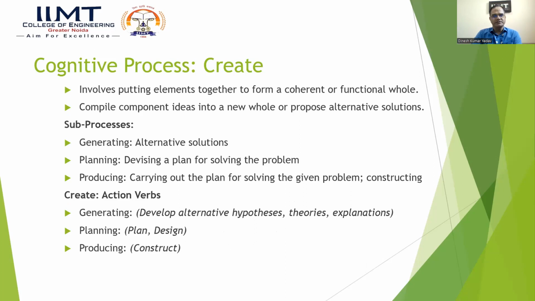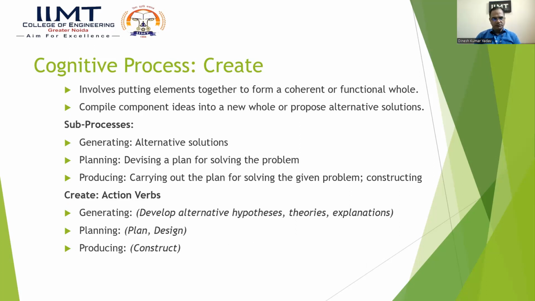The last cognitive process, which is highest in the order, is create. In order to reach the create cognitive process, we must be able to develop a whole new process, a whole new idea, a whole new alternative solution.